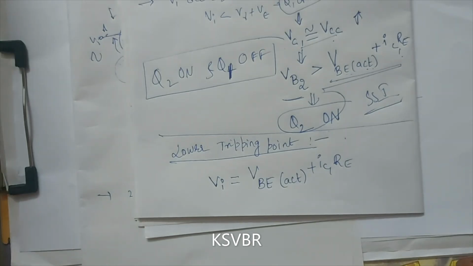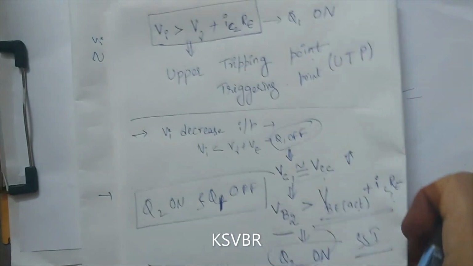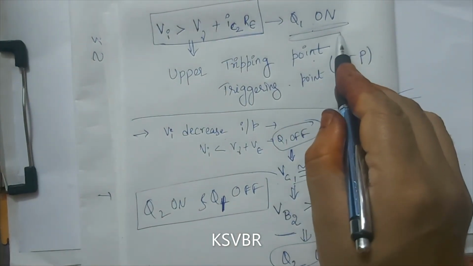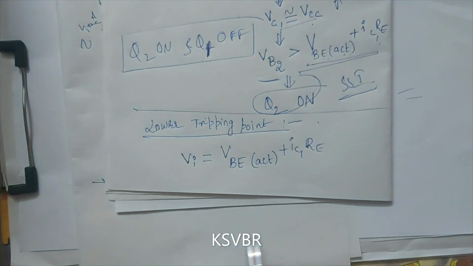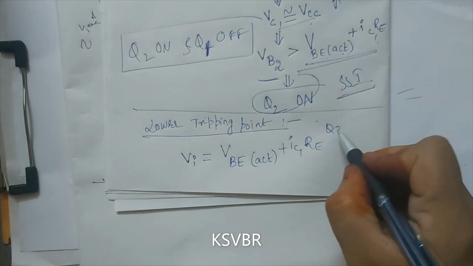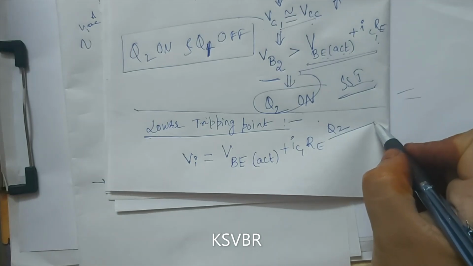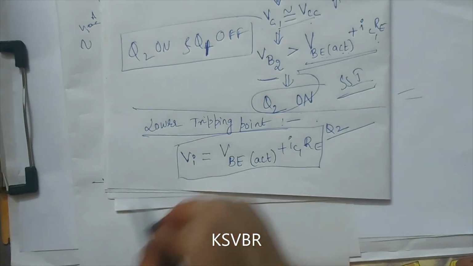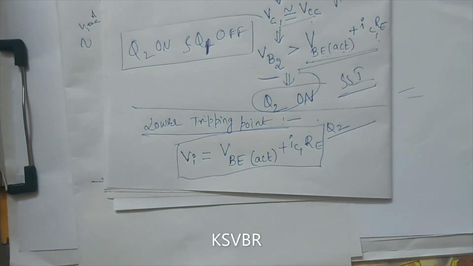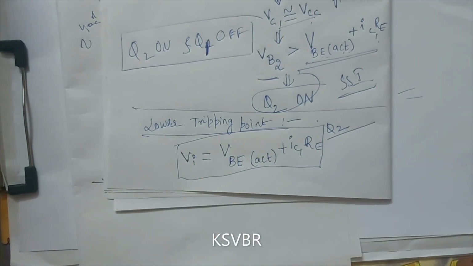So UTP is a point where Q1 transistor will become on from off state, and LTP is a point where Q2 transistor will become on from off state. These are the UTP and LTP points which play a very important role in calculation of Schmitt Trigger.